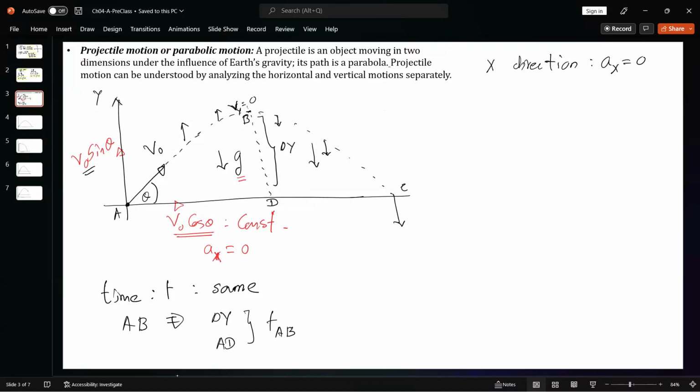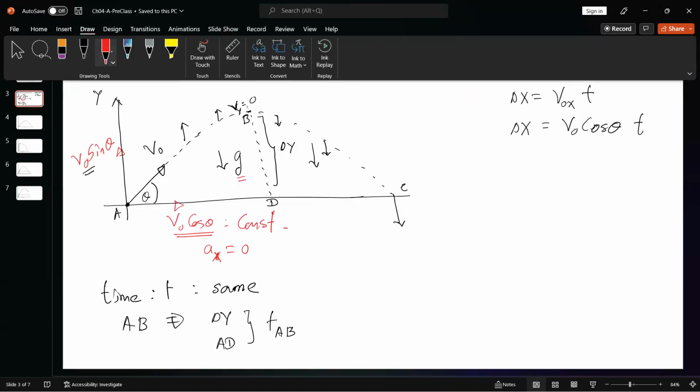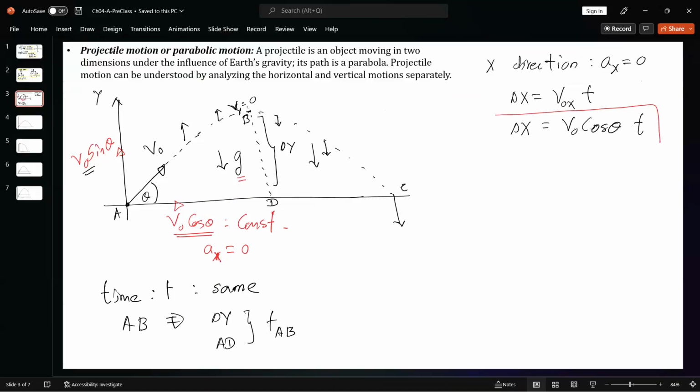As a result, if I apply the linear equation along the x direction, I'm going to end up with only this formula. Delta x is equal to v0x times the time. So v0x is v0 times cosine theta times the time. In the x direction, I have only this equation to work with. I'm not going to have any other equation for the motion along the x-axis if the projectile is moving just on there, without any other influence.